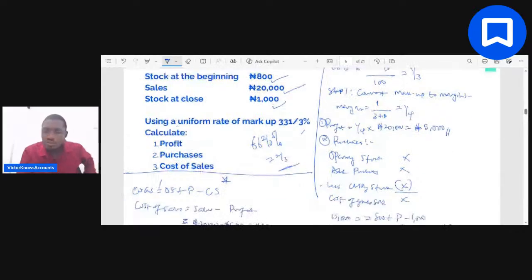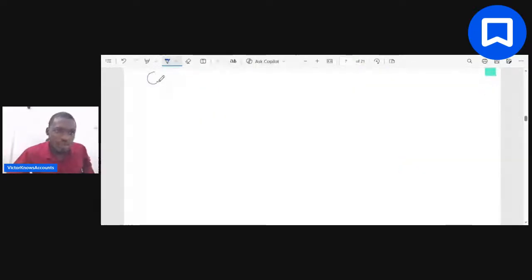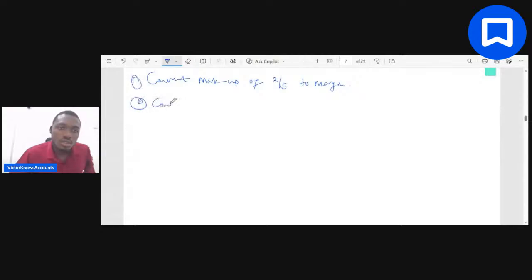So give me a minute, but let me drop this. Convert markup of 2/5 to margin. Convert margin of 3/7 to markup.